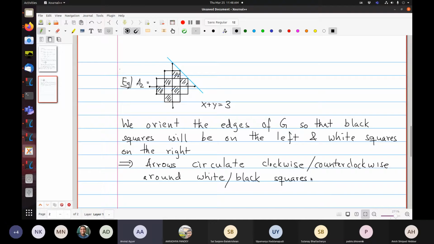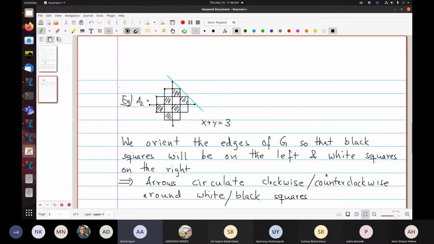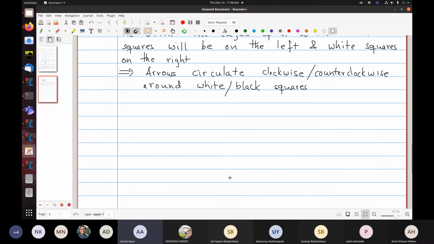Okay, so let me do this example again. I'll scale it up a little so that you can see it.